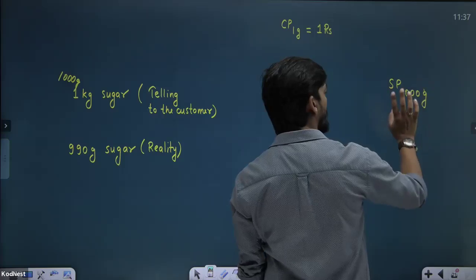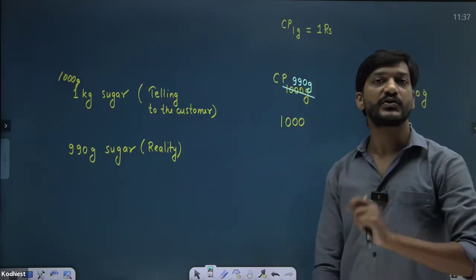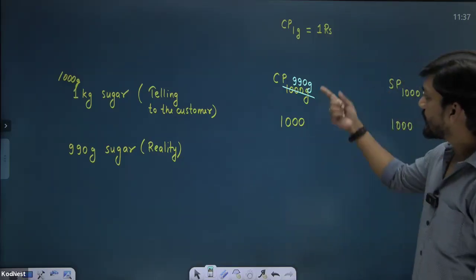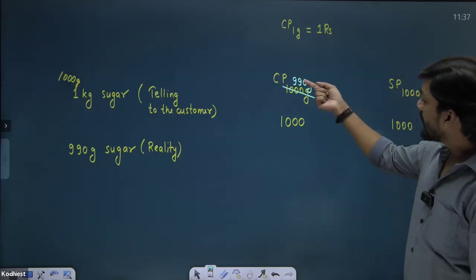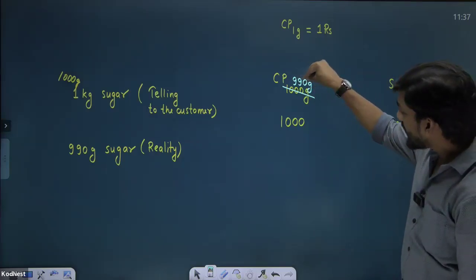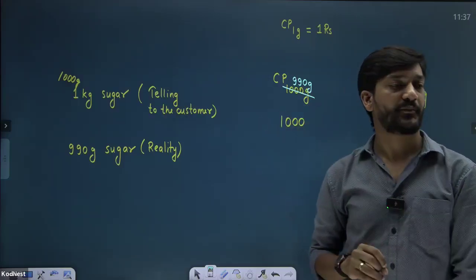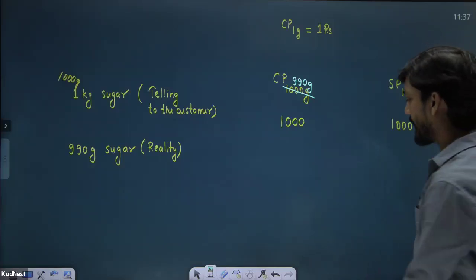Customer is thinking 1,000, but you are giving 990 grams. This is the cheating. So first thing, no cheating, then write the values, then take the cheating values. If you are taking 990 grams, how much cost price should I actually take? 990.